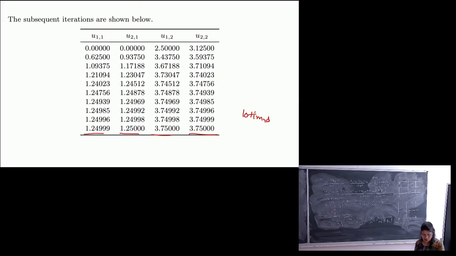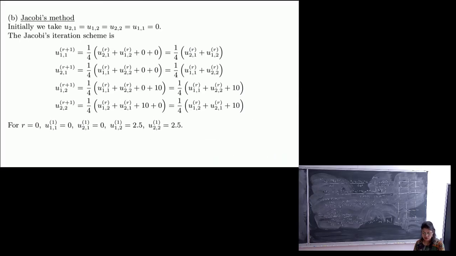Now, let us think about the Jacobi method where we do not use the updated values. What we do here, we write down the r plus 1th iteration as a combination of your rth iteration. So, there we do not need to worry about just the left hand side, everything is the r plus 1th iteration and your right hand side is the rth iteration.